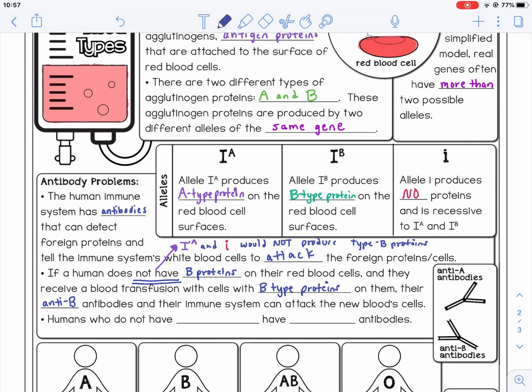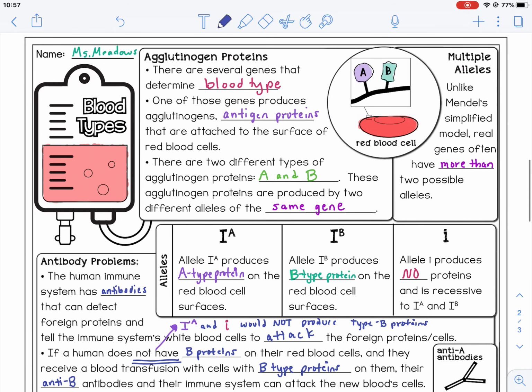Now I get that you don't have a space to write that part, but you need to understand that what this is saying here is if the person is type A or if the person is type O, meaning they have little i's only, then they don't have any B protein on the surface of their red blood cells. They don't have this piece up here. And since they don't have it, they have antibodies that would fight against it.